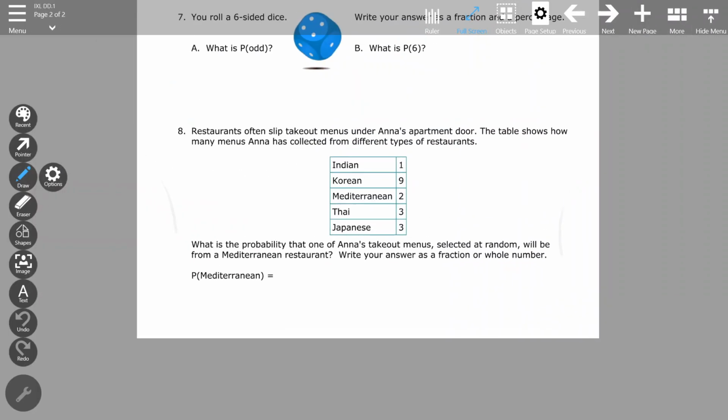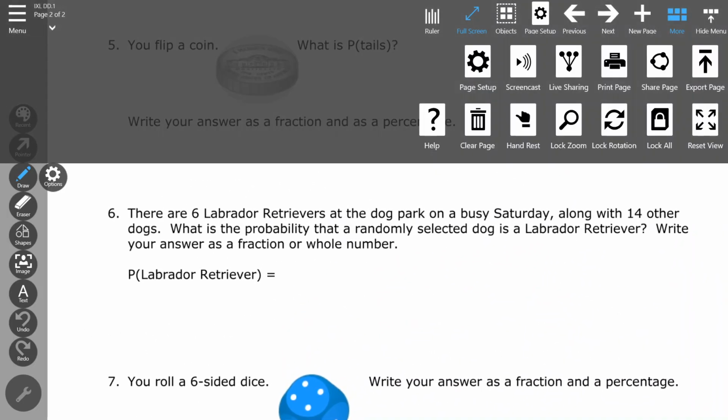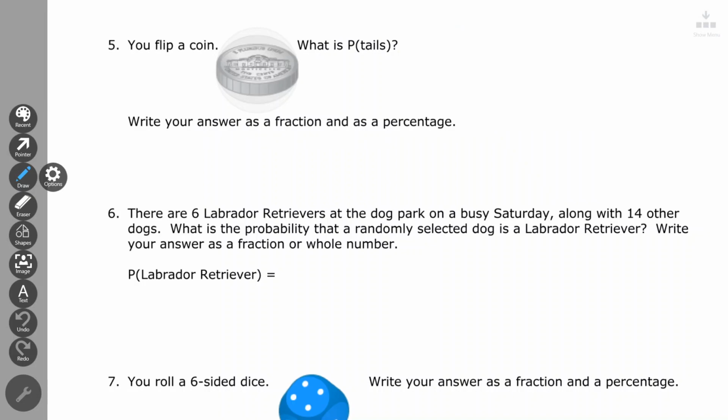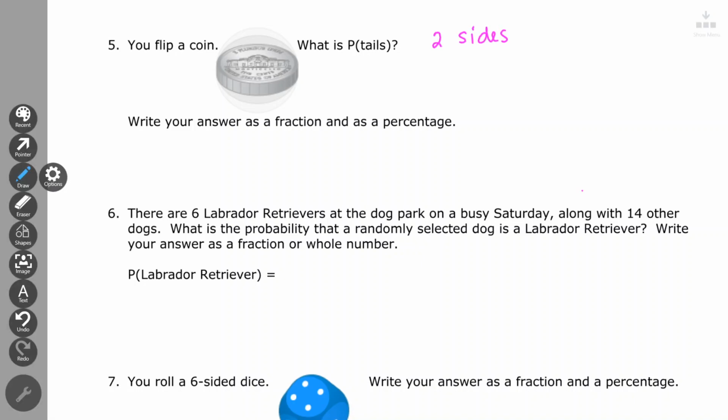You're going to turn your paper over or go to the second page, and we have number 5. You flip a coin. What is the probability that the coin will land on tails? Okay, so now you're flipping a coin. So a coin has 2 sides. There are 2 sides on a coin. Knowing that, that would be the total number of sides right there.